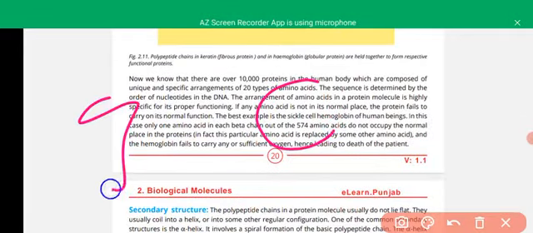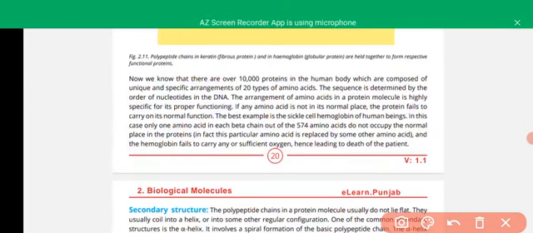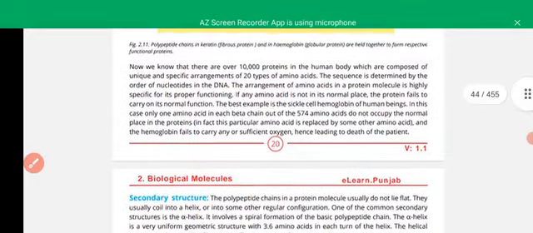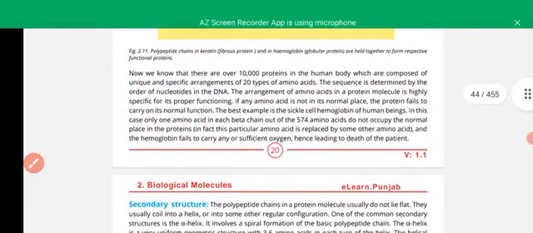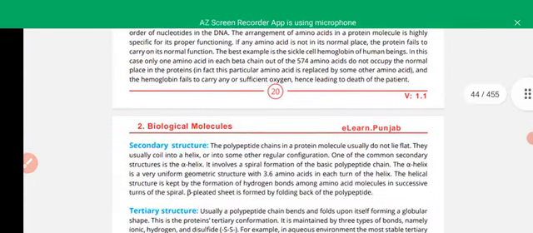Glutamic acid, a polar amino acid, is converted into valine at position number 6. It becomes sickle cell hemoglobin and is unable to carry out its functions. Only one amino acid is changed, but both structure and function deteriorate.